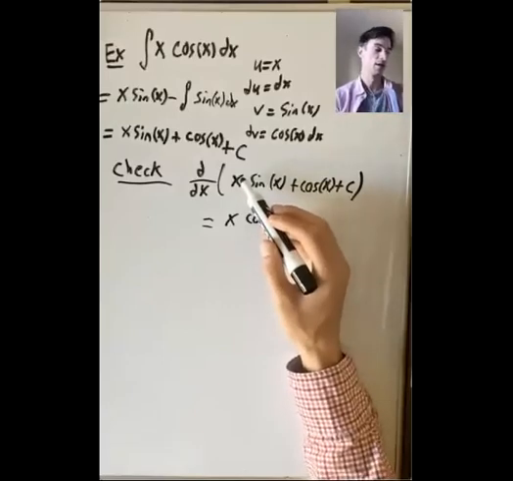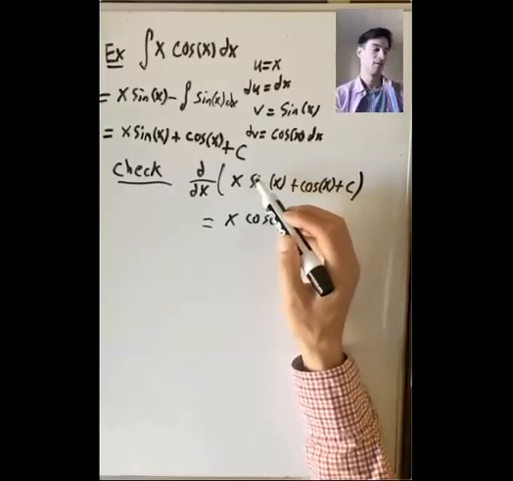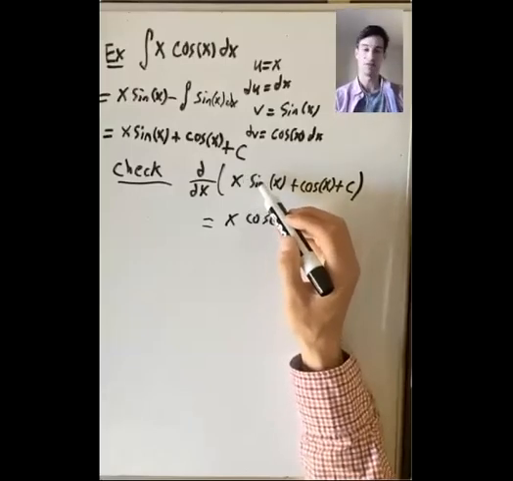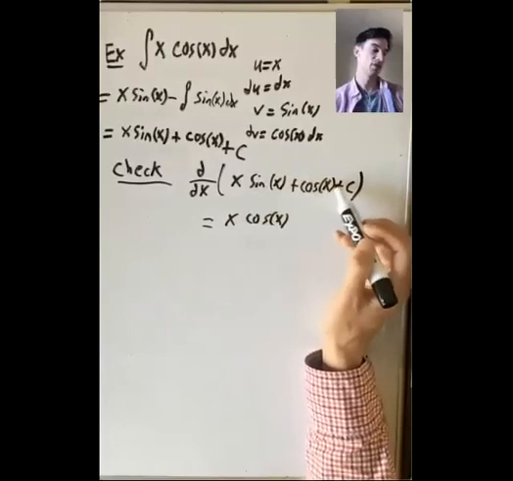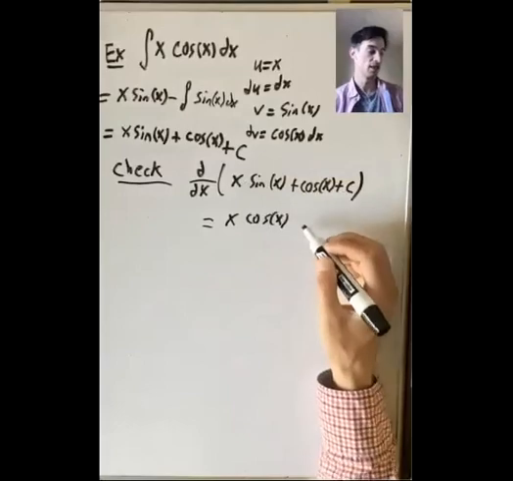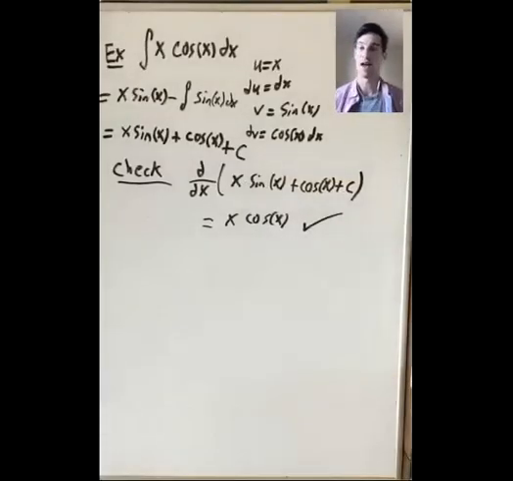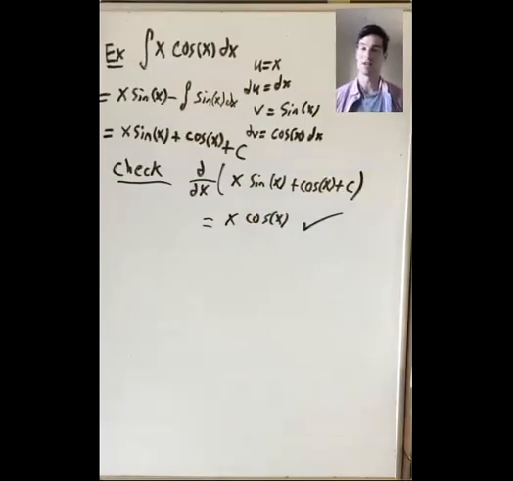You get derivative of x, which is 1 times sine of x, plus x times the derivative of sine of x, which is x cosine x, plus the derivative of this, which is minus sine of x. So the plus sine of x cancels. The derivative of c is 0. So we've found an antiderivative of x cosine of x using integration by parts.